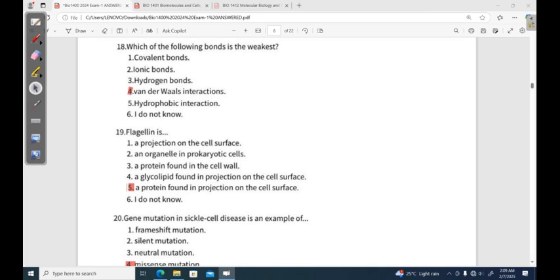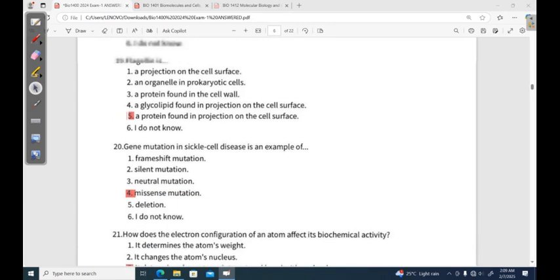Next is flagellin. Flagellin is 1, a projection on the cell surface, 2, an organelle in prokaryotic cells, 3, a protein found in the cell wall, 4, a glycoprotein found in the projection of the cell surface, 5, a protein found in a projection in the cell surface, 6, I don't know. So flagellin, for instance, is your bacteria, right? You have the tail here. So we have what we call flagella.